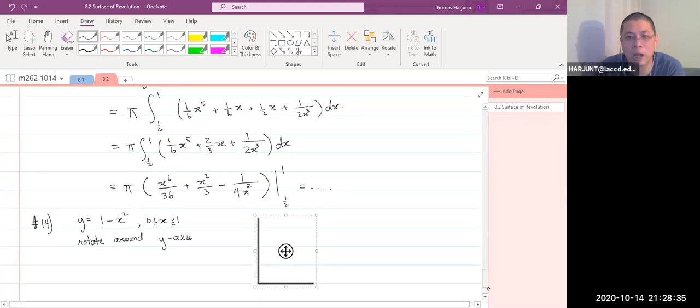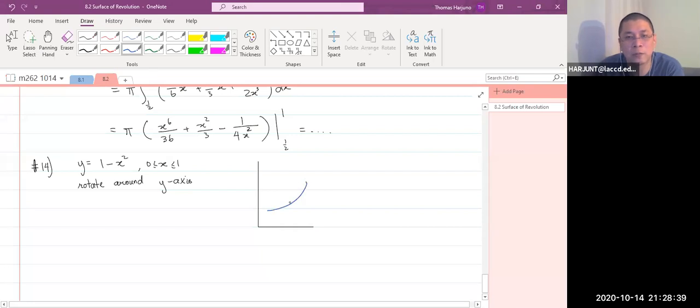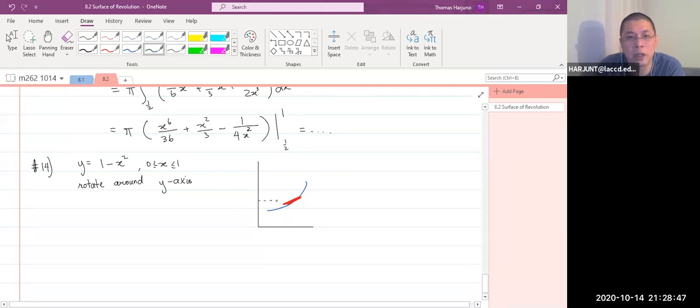I pretend I don't remember the formula. Let's get the curve. Let's say this is my segment. When I rotate around the y-axis, then my radius will be x. Right? My radius will be x.